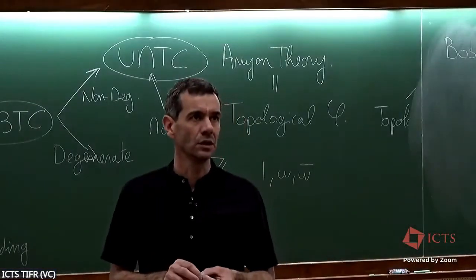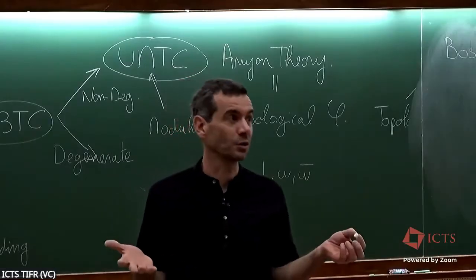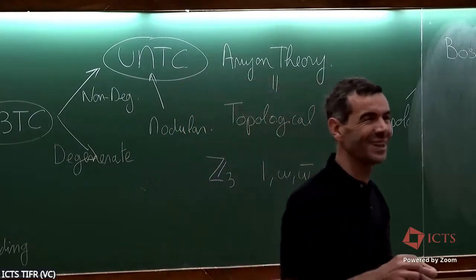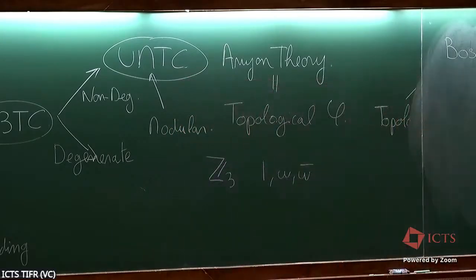That's definitely not the case for a fractional quantum Hall state, for instance, where you start from a gas of electrons. But there are bosonic versions of fractional quantum Hall states. Now if you want to go to fermionic topological quantum order, it's not described by a UMTC. It's a different framework.